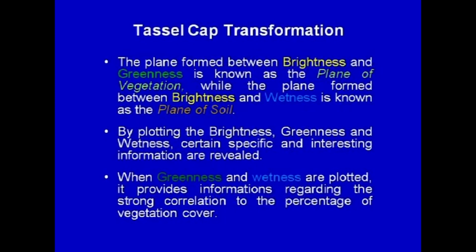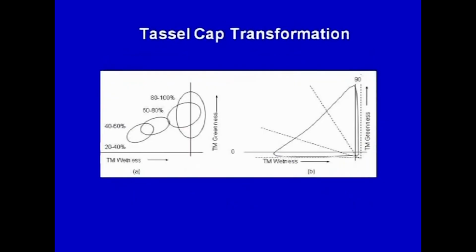When greenness and wetness are plotted, it shows a strong correlation with the percentage of vegetation cover. This can be seen in the next figure, wherein as the data points move from wetness to greenness, it is an indication of the amount of vegetation present.